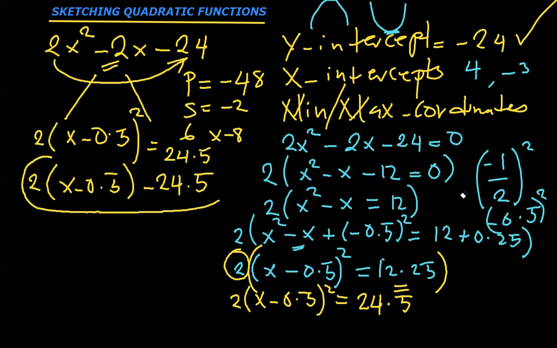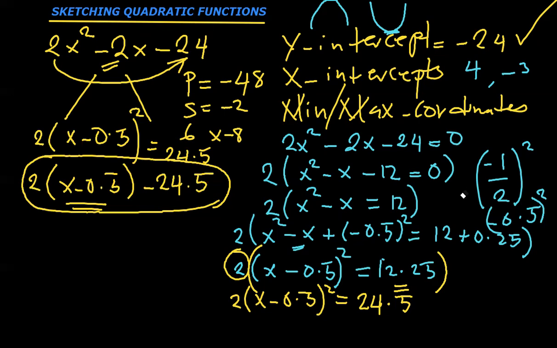This is called the completed the square form. And this is going to give us the coordinates of either the maximum or the minimum point, right? Now this is how we do it. This one here will give us the x coordinate of the maximum or minimum point. And this one, negative 24.5, is already the y coordinate of that particular point.